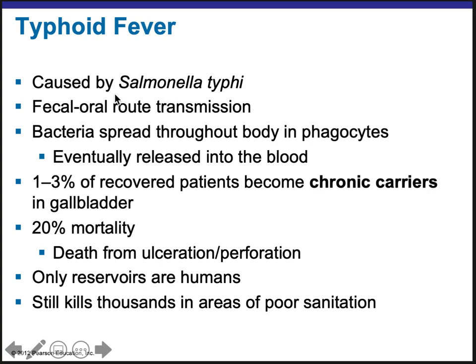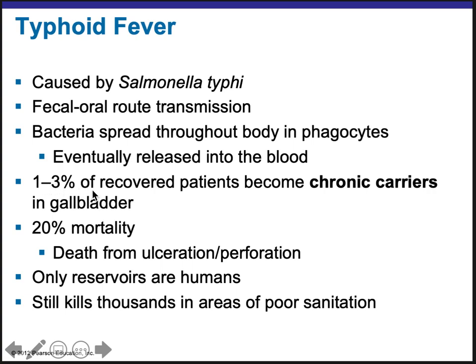But the bacteria will also spread throughout the body in phagocytes and eventually be released into the blood. Okay, 1 to 3% of people who recover from typhoid fever actually become long-term carriers, and typically this is from the gallbladder being the reservoir.